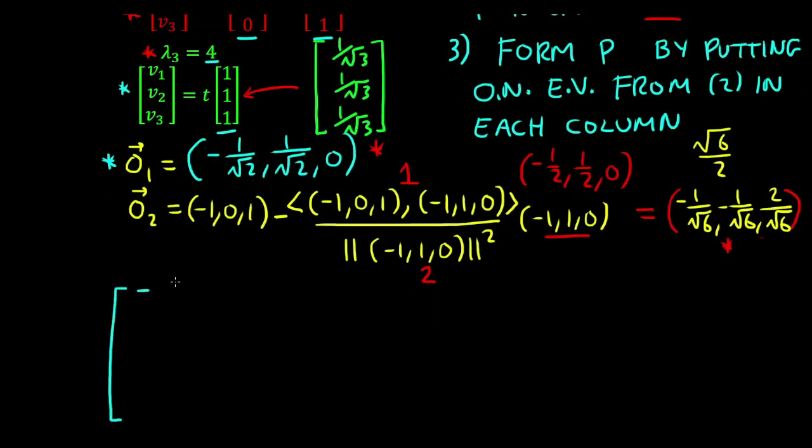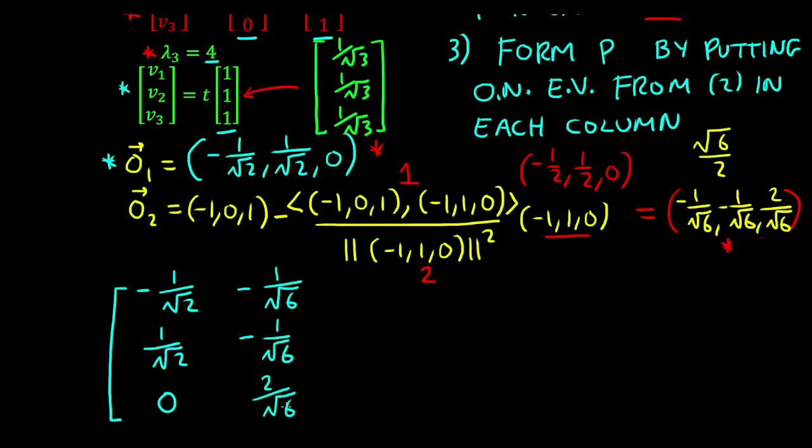So we had our first basis vector from the first eigenspace in column 1, and the second basis vector from the first eigenspace in column 2, and the third basis vector comes from the second eigenspace. So all these three vectors are orthonormal, which is our matrix P.